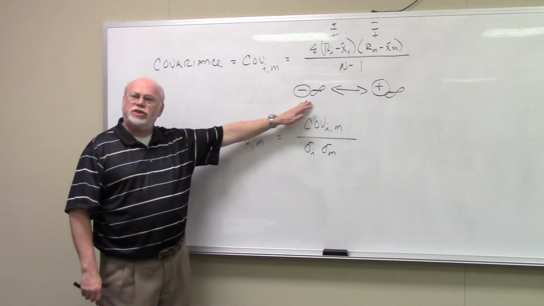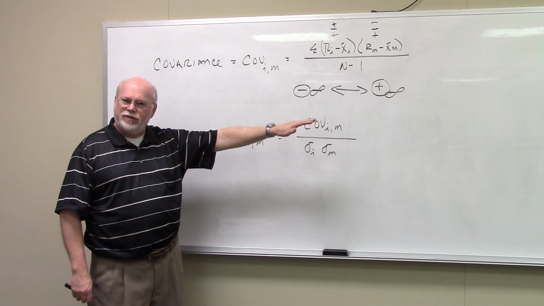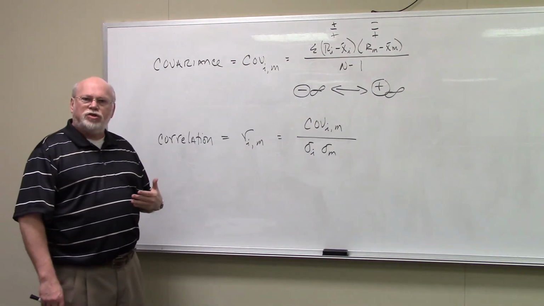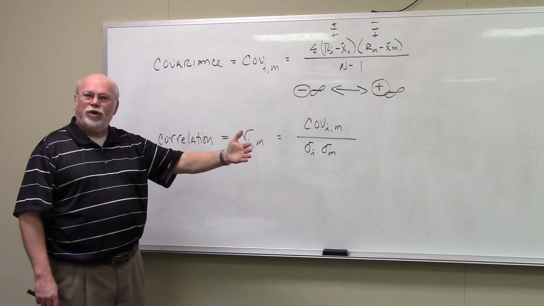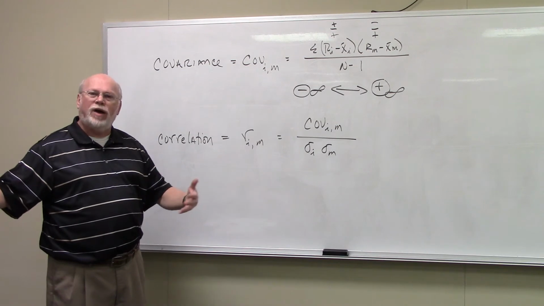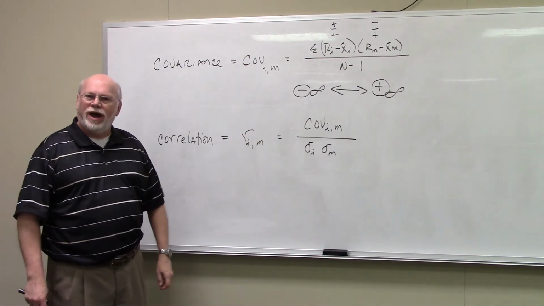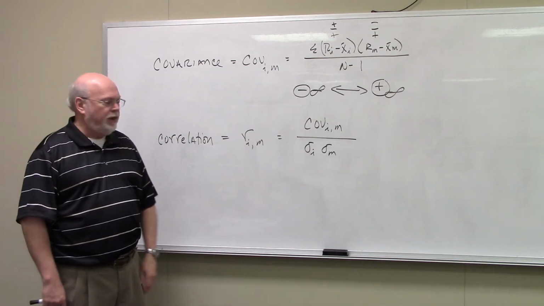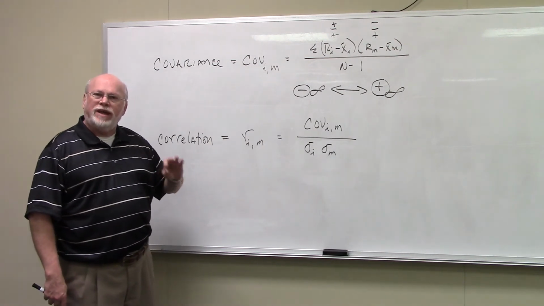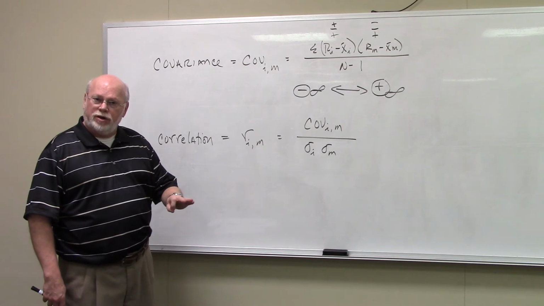Now, this business of negative infinity to positive infinity, that's a problem. You never know when you're looking at a covariance term whether it's a high positive covariance, a low negative covariance, or a high negative covariance. You just have no idea because it takes on such a wide range of values, or it could. To get around that, we calculate what's known as a normalized covariance term.